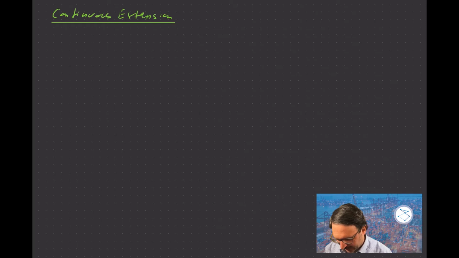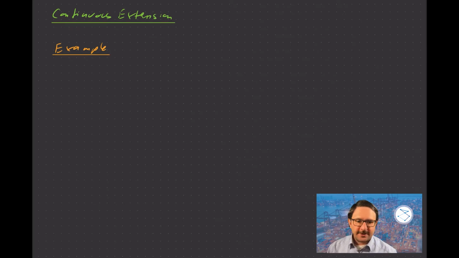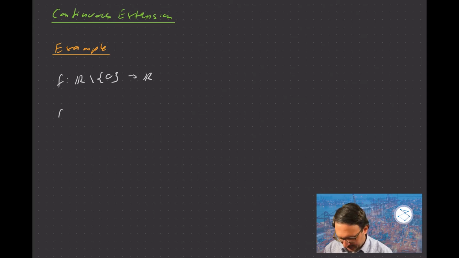And to clarify what I mean, we'll start with an example. So let's say you have a function f defined on R with the exception of the origin and a codomain of R. And the function is defined as f of x equals x squared divided by x.